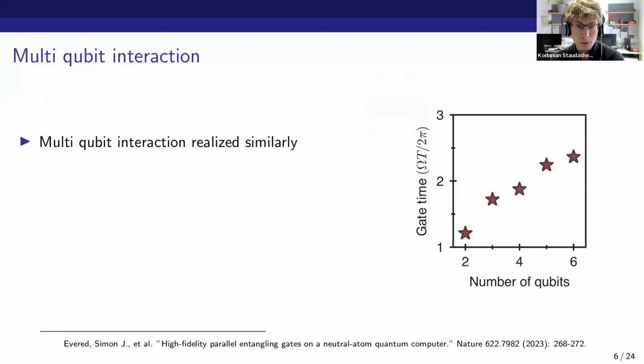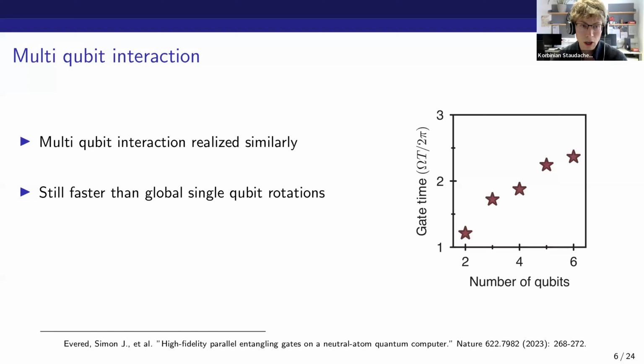Regarding the multi-qubit interactions, this is experimentally also quite feasible already. They are realized with a similar scheme to the two-qubit pattern I've shown before. And the nice thing is that this is somehow still faster than single-qubit global rotations, so the XY rotations. And it more or less scales linearly.